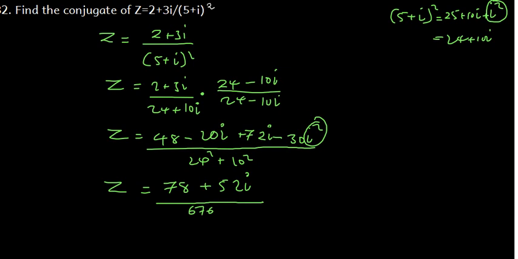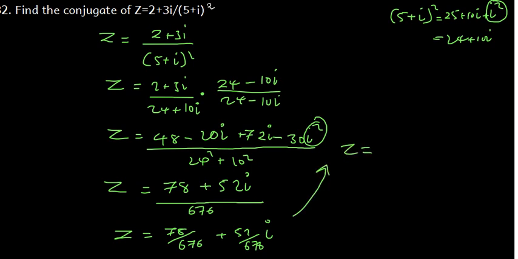So we can as well split this into 2, and that will give us z being equal to 78 over 676 plus 52 over 676, and then there is an i there. Now can 78 simplify further? Okay, so this can be written as z is equal to 78 and 676 have got a common factor, and that will give 3 over 26.